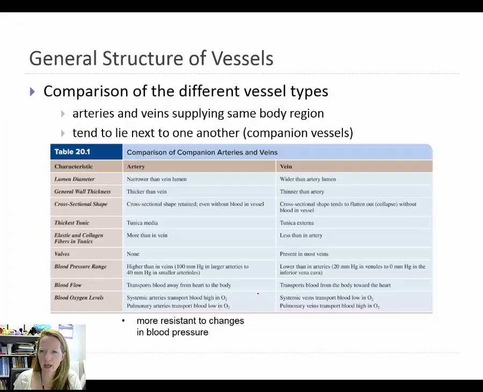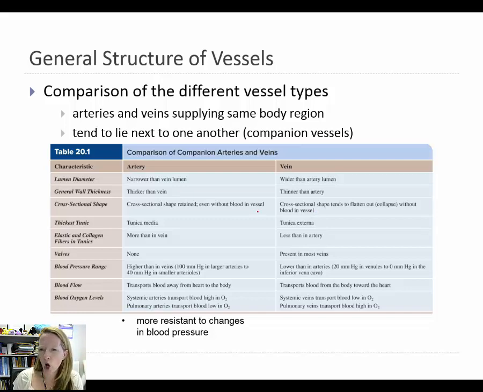Let's see what else we have on here. We already looked at the thickness and thinness, check. With the cross-sectional shape, arteries will tend to hold their shape, a nice round shape, even without blood in there. With veins, they tend to collapse and flatten out. So that picture that we just showed, it looked like the vein was nice and round, which can definitely happen.